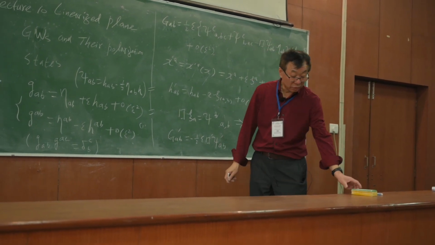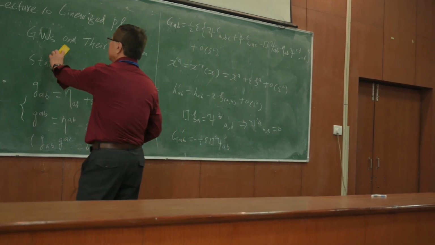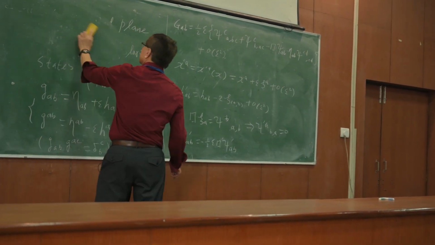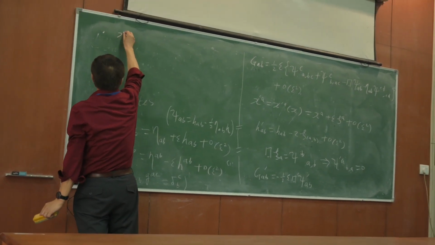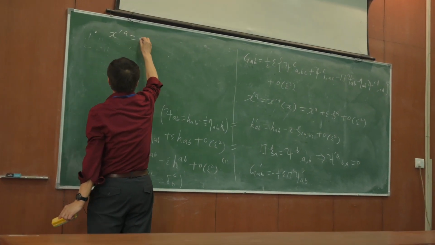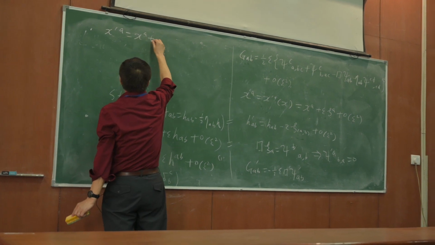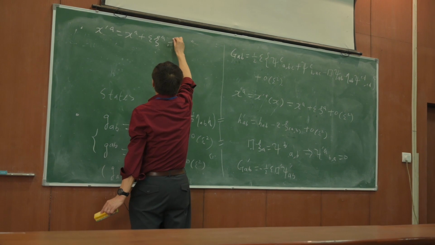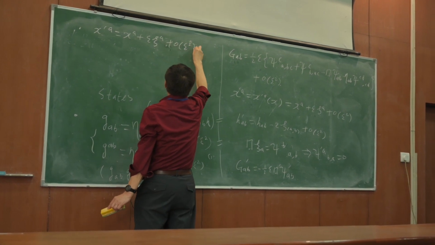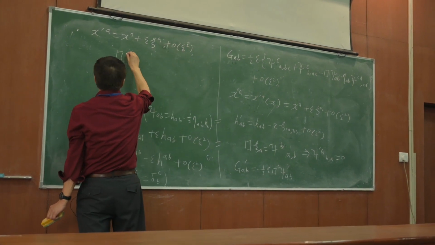So I get this one, so I'm going to write here. Making the coordinate transformation x'^A equals x^A plus epsilon theta^A plus pi over. Then I choose this.